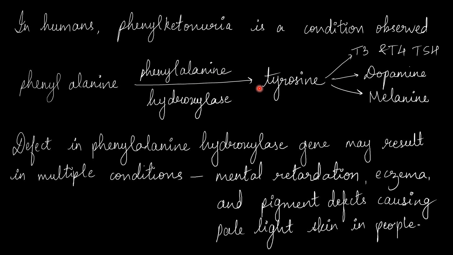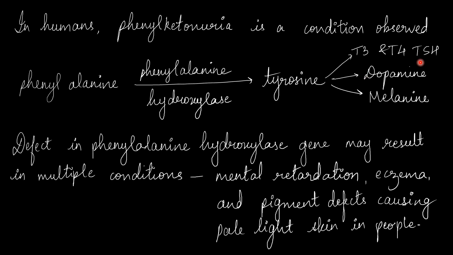What is the role of tyrosine and why is it required? Because tyrosine is responsible for T3, T4, TSH synthesis, that is the thyroid regulation, and thyroid is extremely important for proper metabolic regulation in the body. So the proper growth of the body is all dependent upon a person's hormonal levels of T3, T4, TSH.